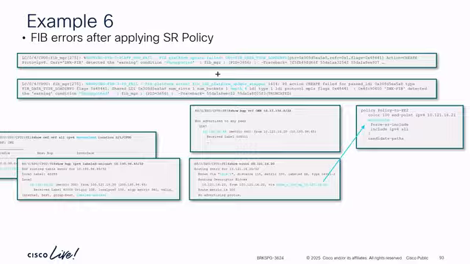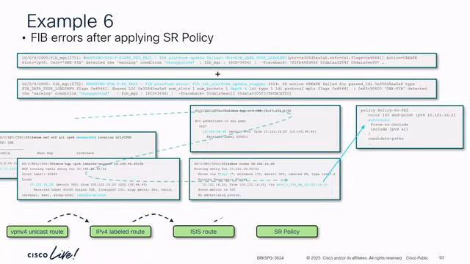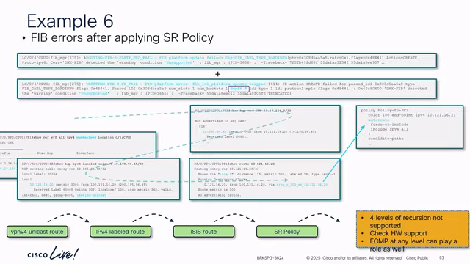But when we do the show SRv, it's not working. So what is wrong here? When we look at all those steps, we see that we have four times recursion: from the VPNv4 unicast route to the labeled route, to ISIS, and then to the SR policy, and then to an interface. So that's four levels of recursion.